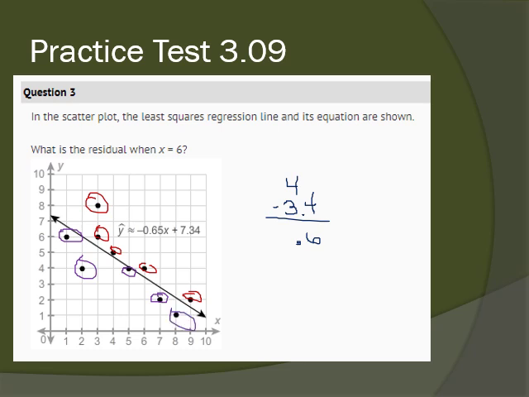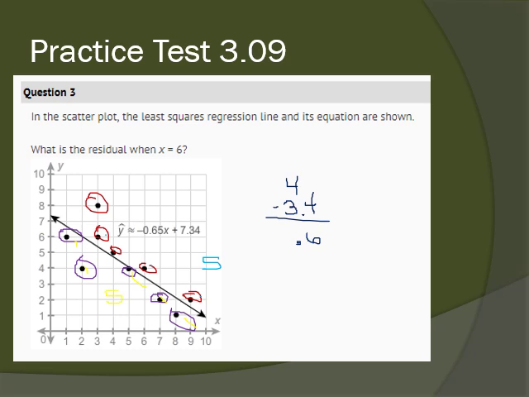So if we were to count them up, there's 1, 2, 3, 4, 5 above, so 5 with positive. And then we've got 1, 2, 3, 4, 5 below. Again, it won't always be exactly 5 and 5 or 3 and 3.